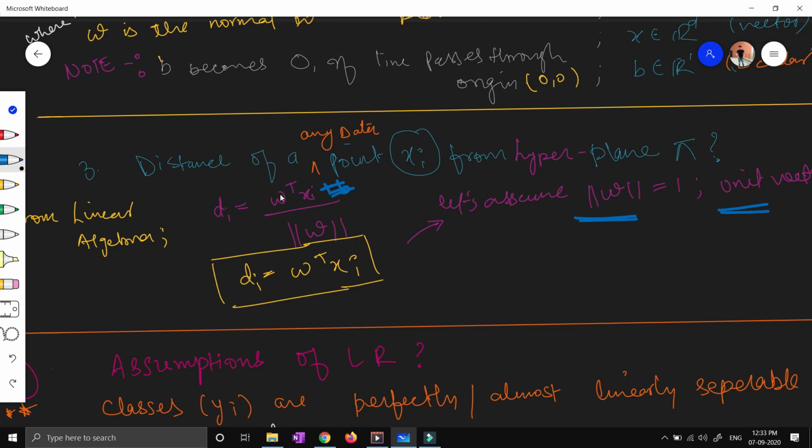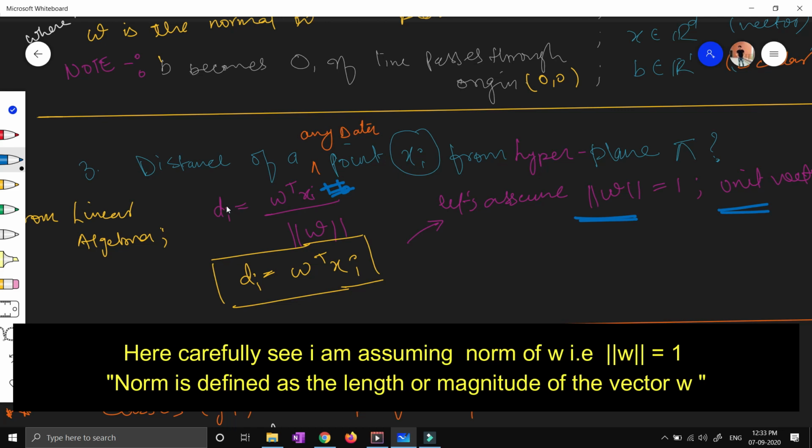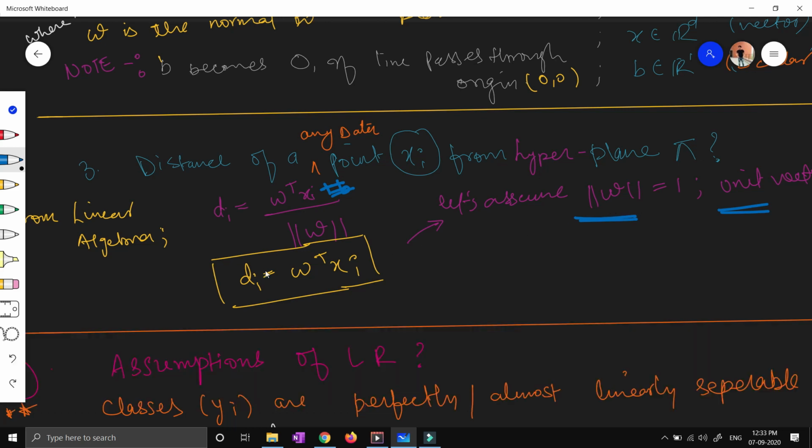If you have studied linear algebra, you should know that the distance of any point from a plane is W transpose x upon norm of W. And W, we are assuming as of now, is a unit vector to simplify our calculations for the future. So now my final distance di equals W transpose xi.